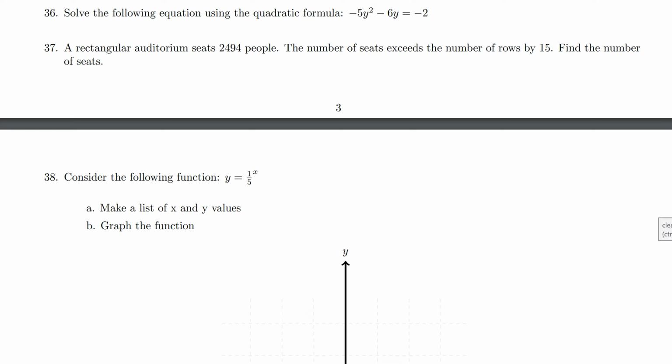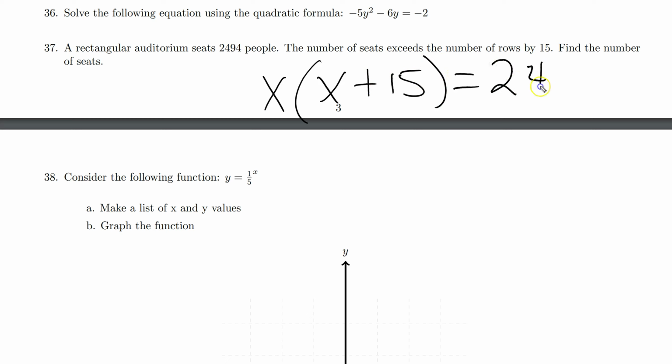So let's just look at that for a moment. So this is the number of seats, or number of rows. So this will be the number of seats. And I recall doing many like this. And that total is 2, 4, 9, 4.